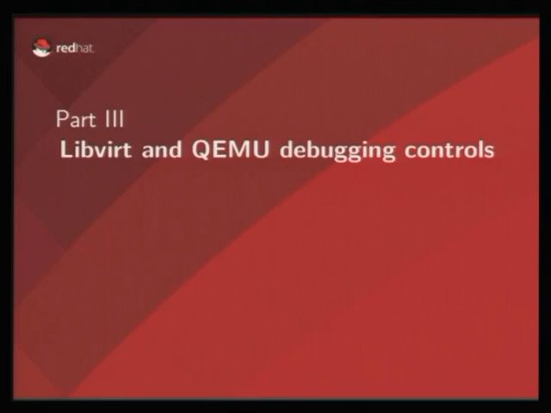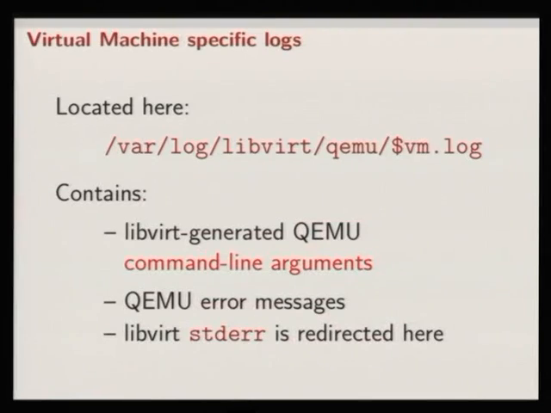So let's see what kinds of debugging controls libvirt and QEMU offer. Most often, the first thing you have to look at is the virtual machine specific logs, located in /var/log/libvirt/qemu, followed by the instance name log. That contains mostly the libvirt generated QEMU command line, followed by the error messages from QEMU.